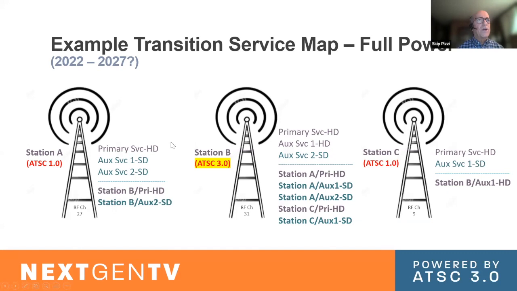In fact, current state-of-the-art ATSC 1.0 encoders can handle 3 HDs and 3 SDs without too much trouble. Now, if all 3 of those HDs were doing sports at the same time, that might be pushing it. So you might say a better practical number is 2 HDs and 4 SDs.